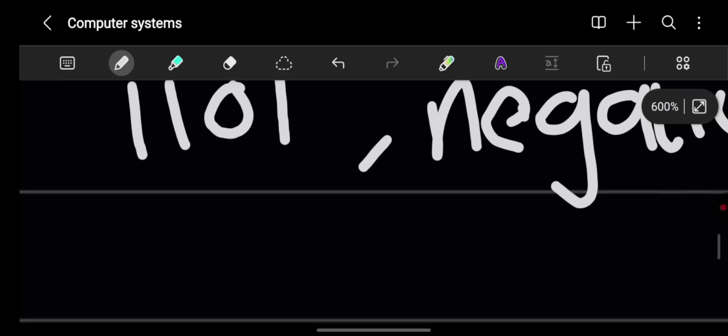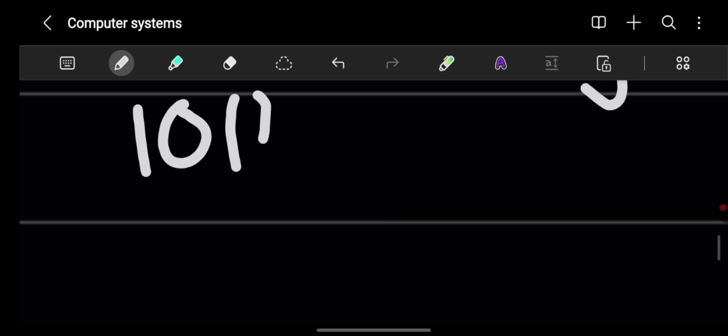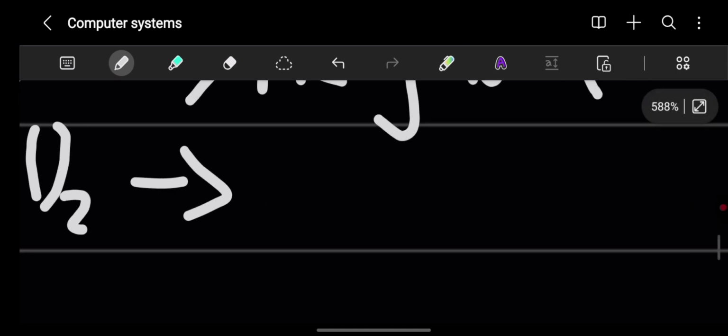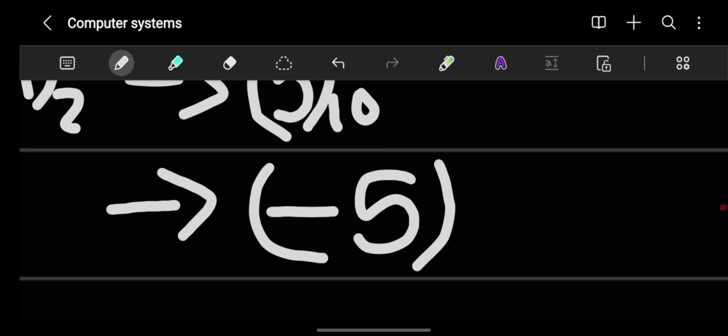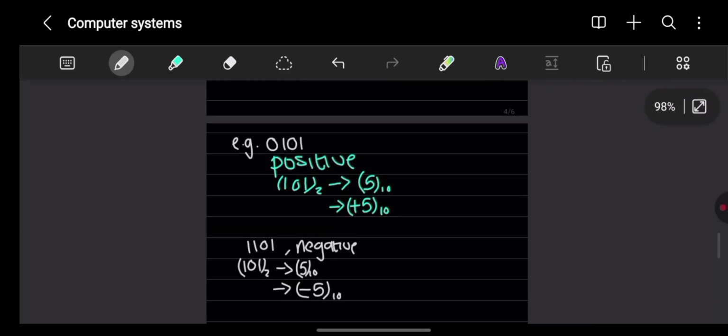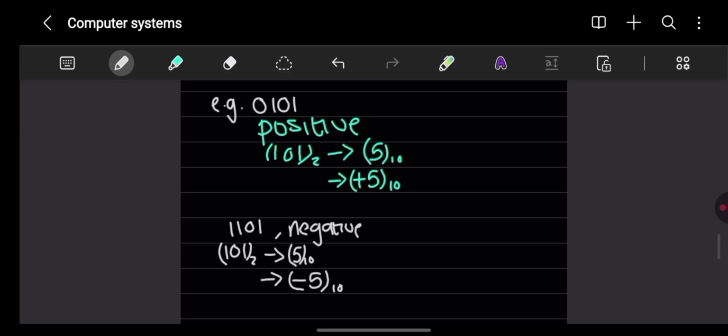And then the remaining, our magnitude, 101 in base 2 is the same as 5 in base 10. Representing this using sign and magnitude, I have negative 5. These are the different ways to spot if your number is stored as a negative or as a positive. And this is our sign and magnitude.